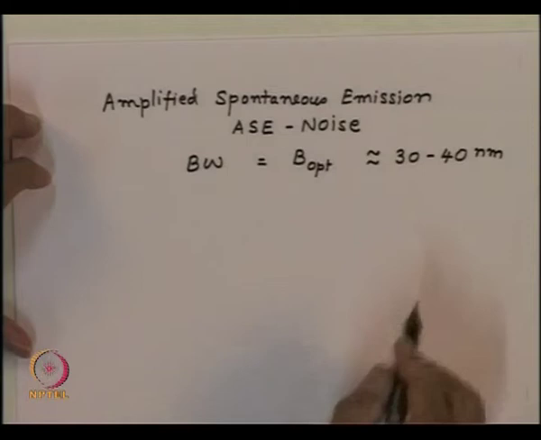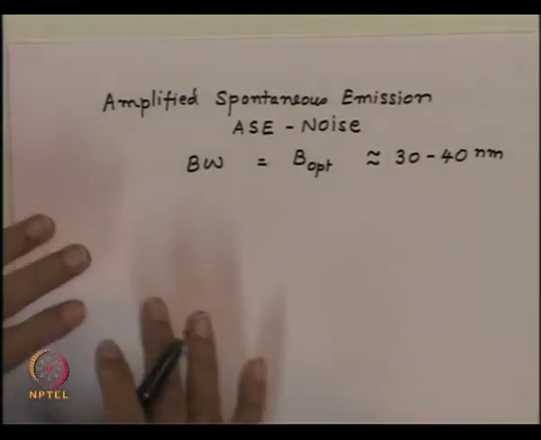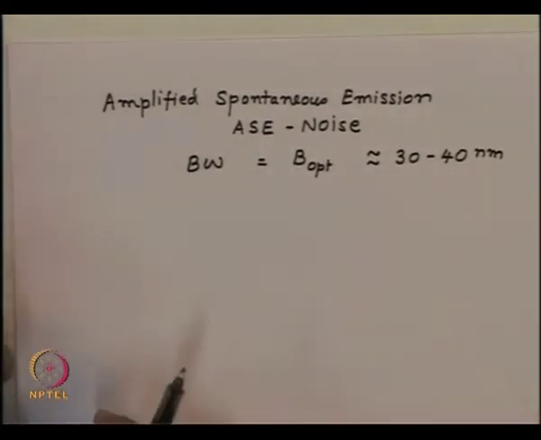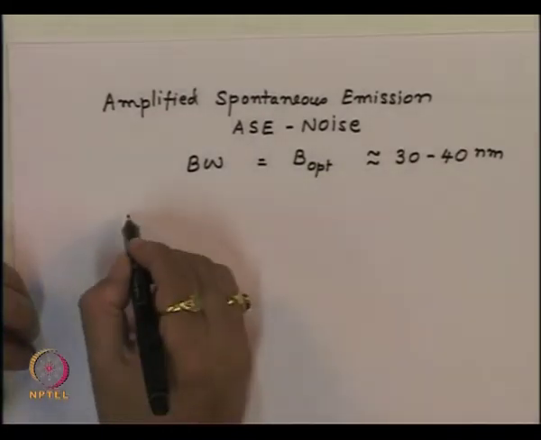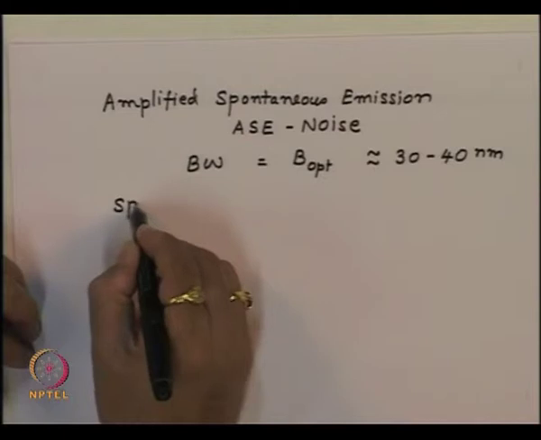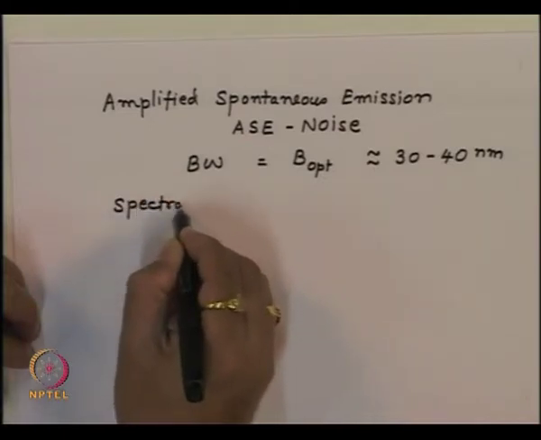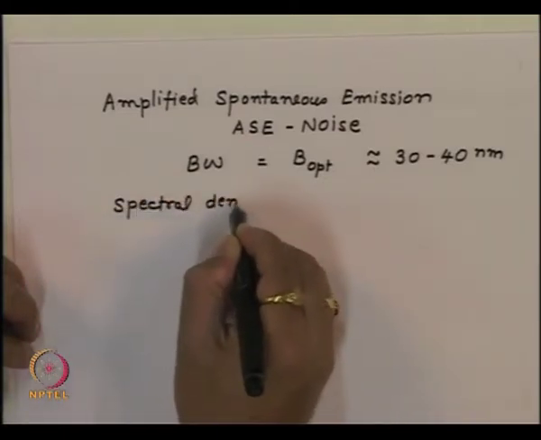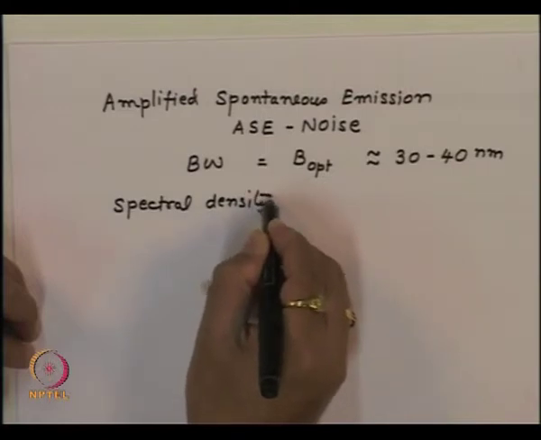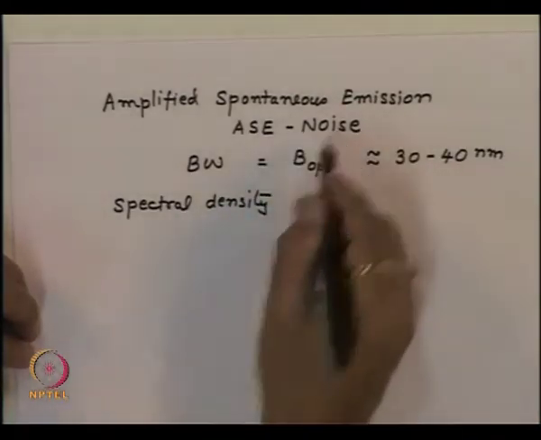We can now define the spectrum, assuming that the spectrum is practically constant in this band without worrying about the small variation which we have. So we can get a spectral density of the ASE noise.